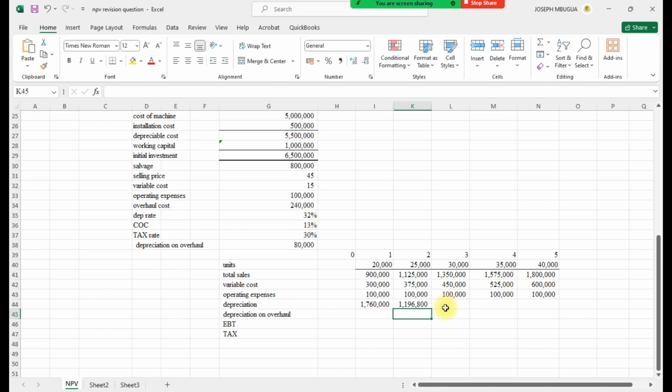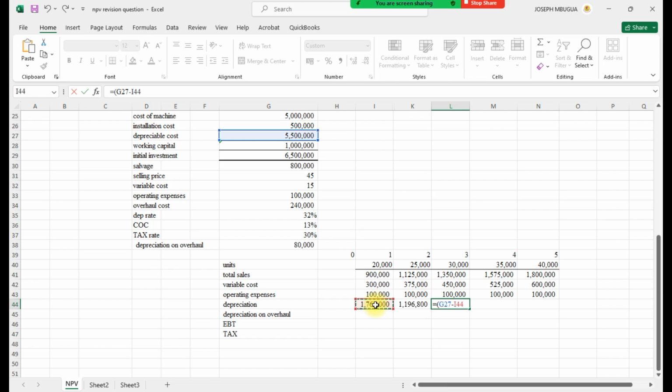Then for year 3, I will take the bracket, my depreciable cost minus accumulated for 2 years, for year 1 and year 2, and you can take the sum and again multiply by the depreciation rate.